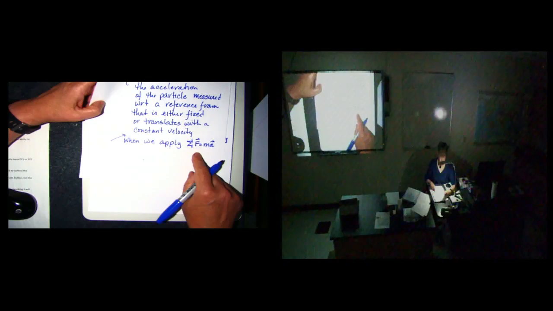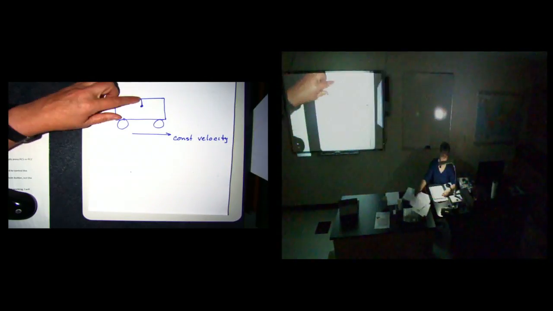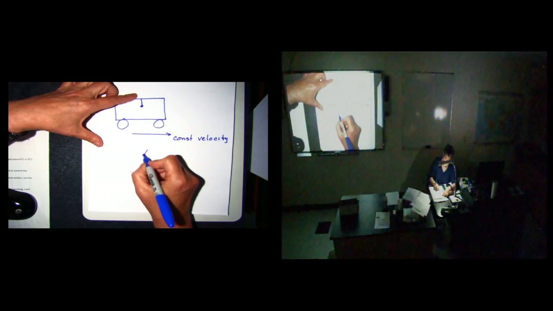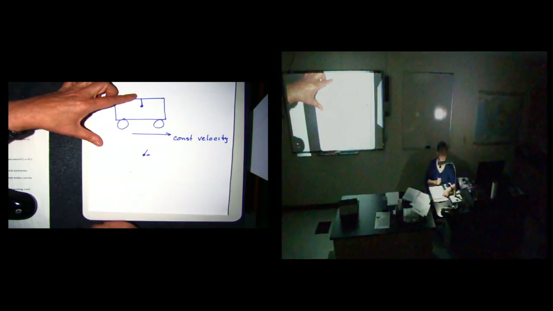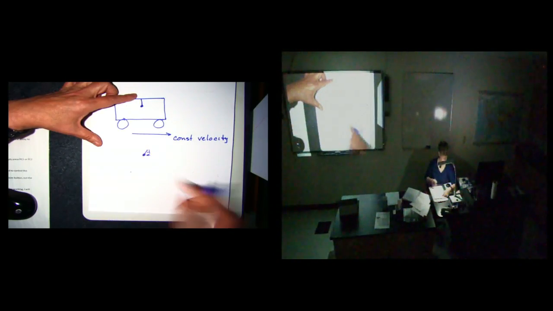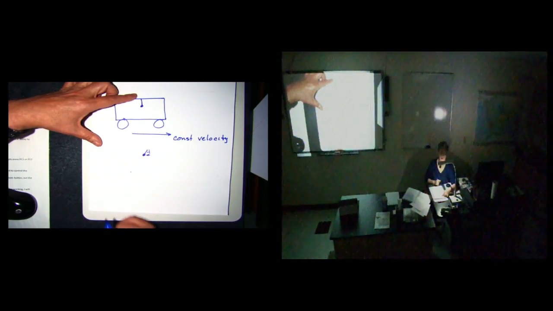If I'm traveling at a constant velocity in here, I can shoot paper airplanes to my buddy, right? I can toss a ball back and forth, and it doesn't matter that my boxcar is moving. As long as it's at a constant velocity, everything's going to work out nicely, and it doesn't matter if it's moving. So it's going to be just the same as if I were outside of my boxcar on, quote, stationary ground.